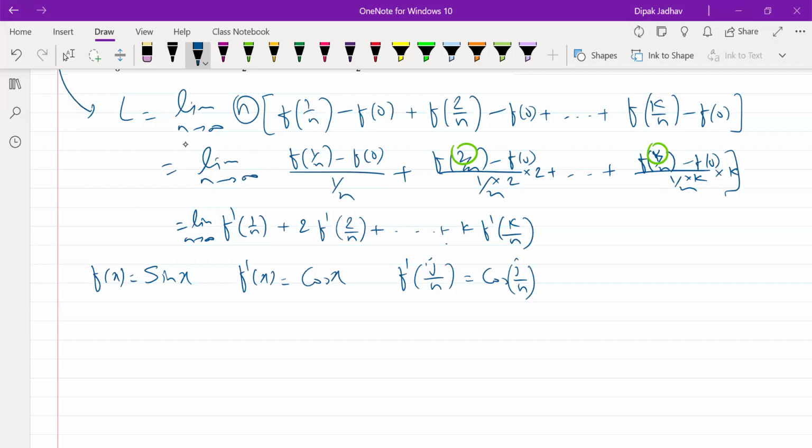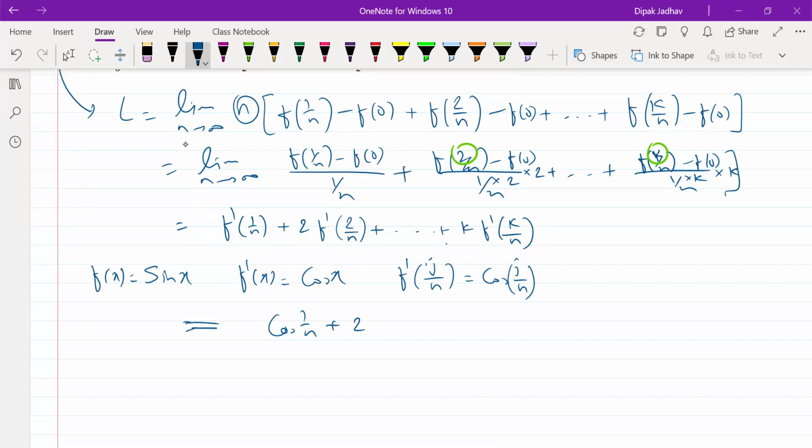Okay, so this will be equal to limit n tends to infinity, cos of 1 by n plus 2 times... Sorry, it will not come. After applying limit, we got its derivative.